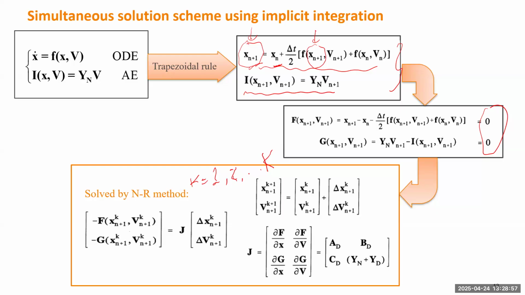This Jacobian is just the Jacobian of these nonlinear equations, and it's similar to the slope for a one-dimensional problem. After a number of iterations, you will converge to some x and some v. That is only the values for the next time step.